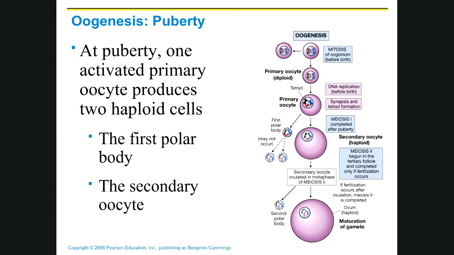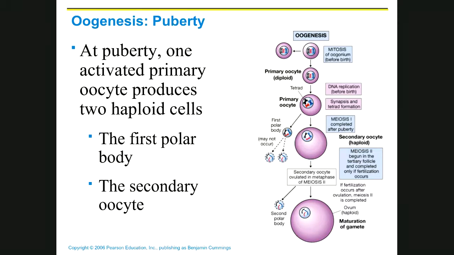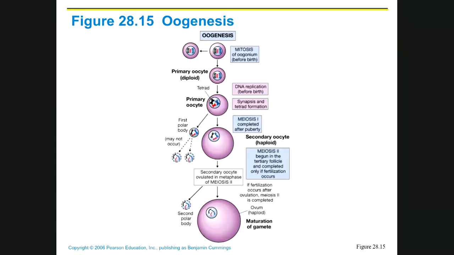And when it divides, look what happens. We get one cell which is much, much bigger and one cell which is much, much smaller. The bigger cell is called the secondary oocyte. That tiny little bitty cell is called a polar body. And so we get a secondary oocyte and a polar body.